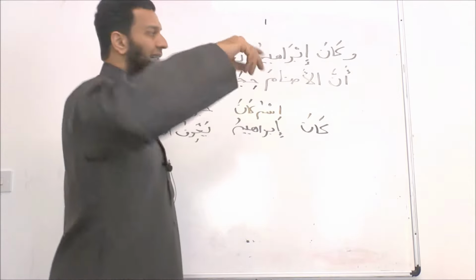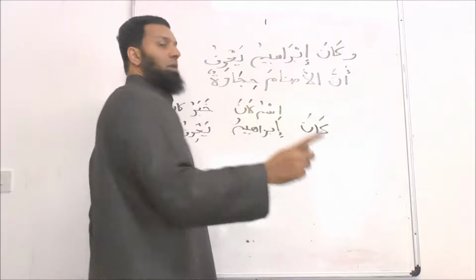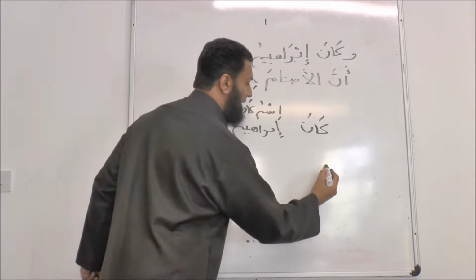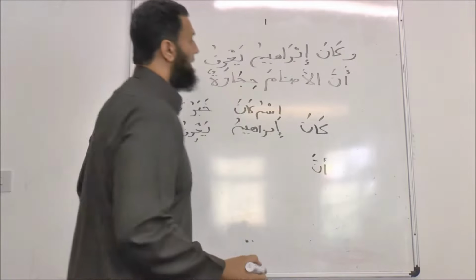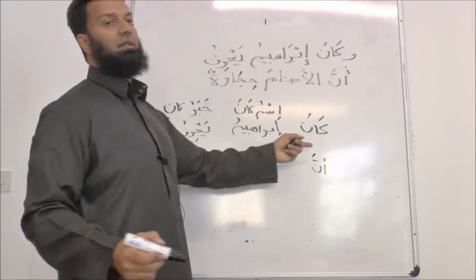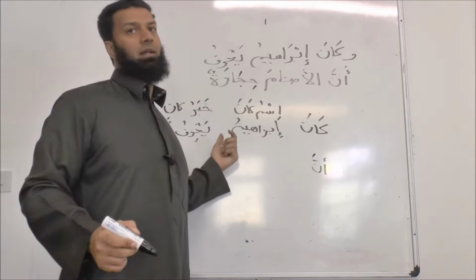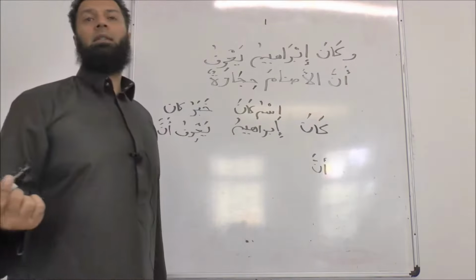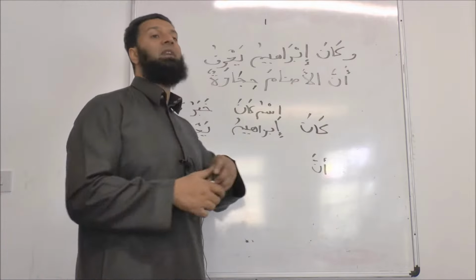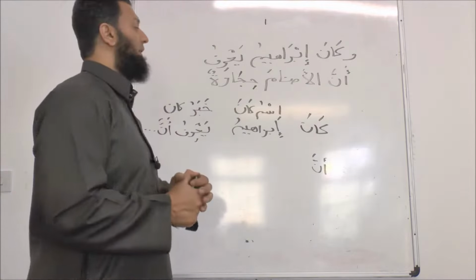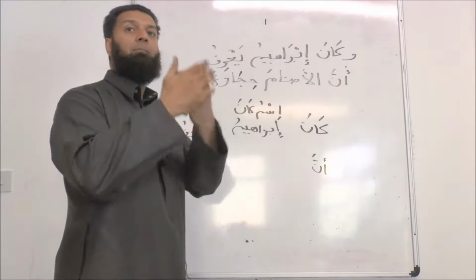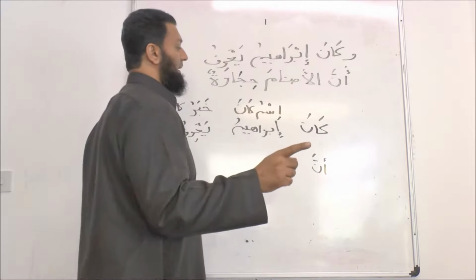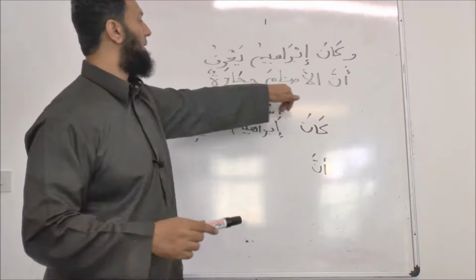All of them, and la'alla, follow another type of rule, which is that you have anna, and then you have ismu anna and khabaru anna. Remember, that category of word is called min al-huruf an-nasikha, the letters which abrogate what follows. And what follows is that they can enter upon this type of sentence.